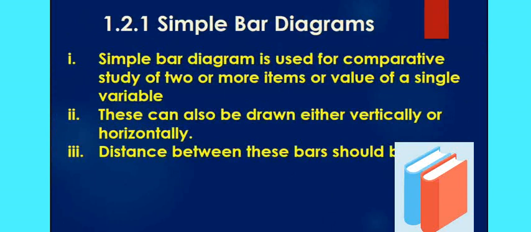But you draw only vertical. That is important. Now the last point is the distance between the bars should be equal. Whenever you draw the bar diagram, you leave some gap between each bar, and that gap is equal.